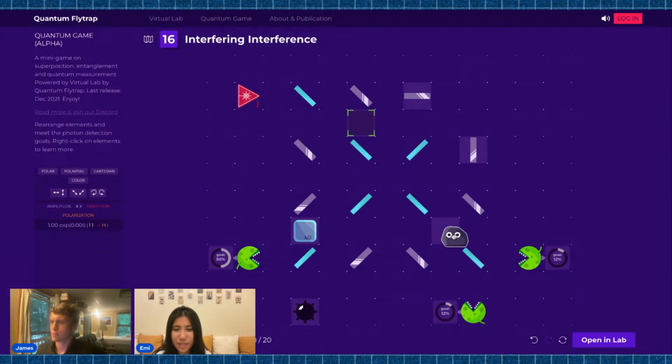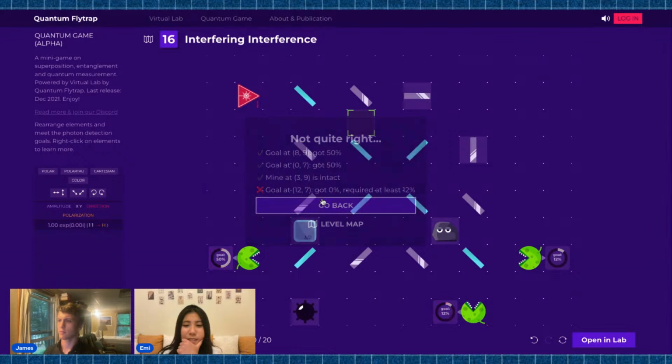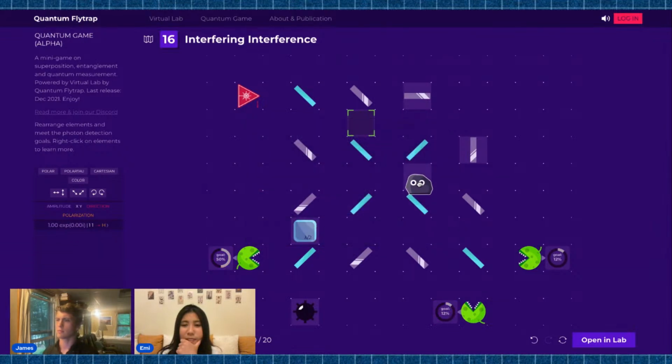Not sure. Unless, let's see how this goes. Okay, so nothing goes into the bottom right, which I think we still need to change the way that this black box works. Oh, you can put the black box in the bottom right, which will then make it like 50-50.